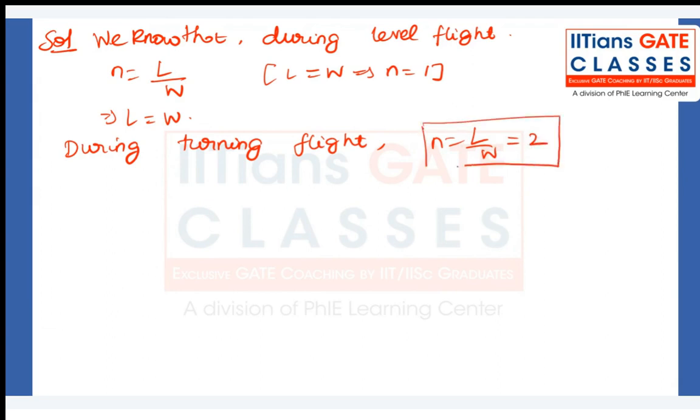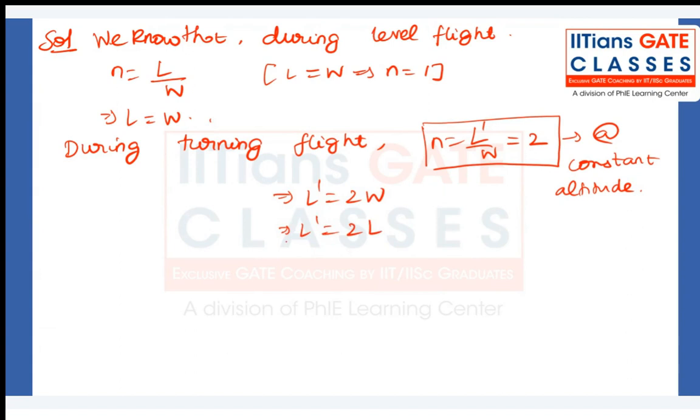So let's keep that as such, in a turning flight at a constant altitude. Let's keep this lift as some L dash. So I can write L dash as 2 times W, but W is basically L. So if I substitute that, L dash will be equal to 2 times L.